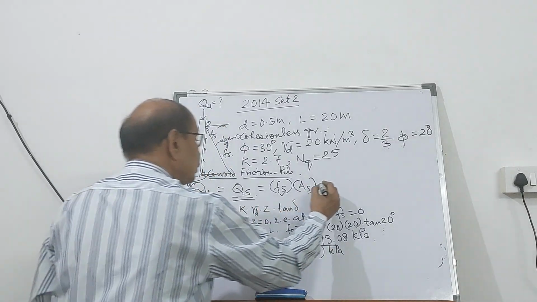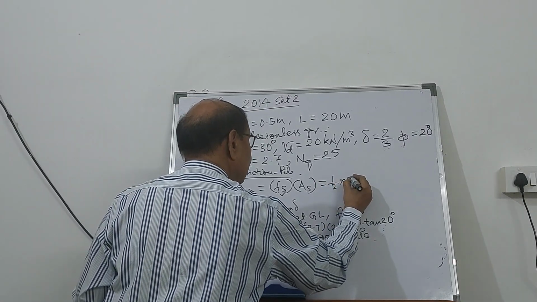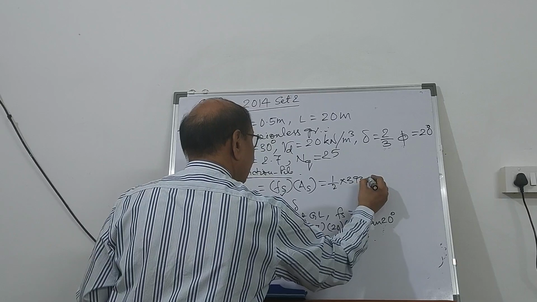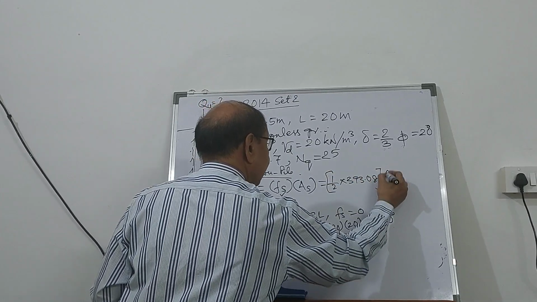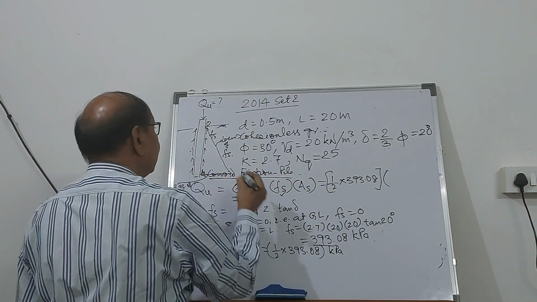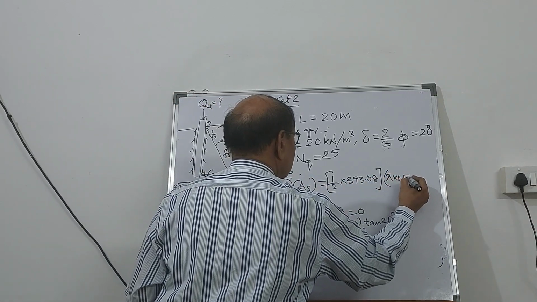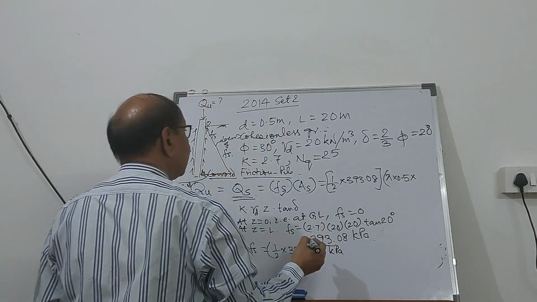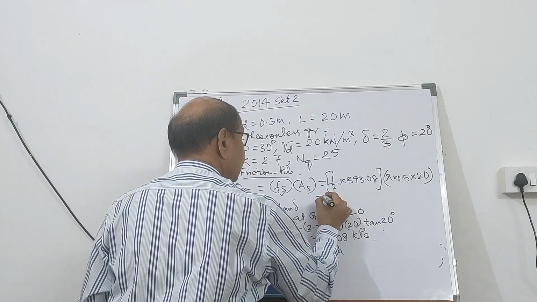Therefore, now you can calculate half into 393.08 kilopascal multiplied by the shaft area. What is the shaft area? Pi d into the length of the pile. That is the shaft area.